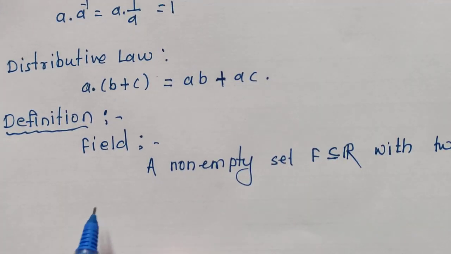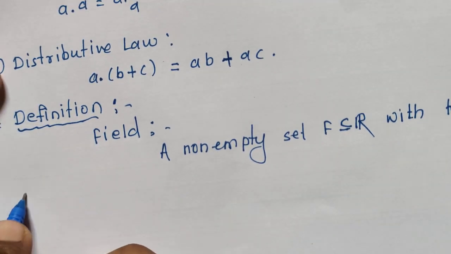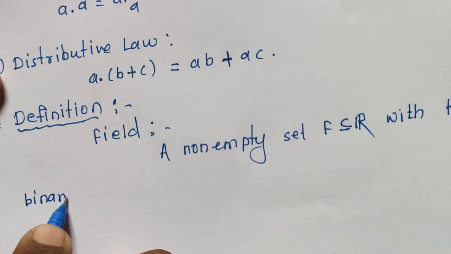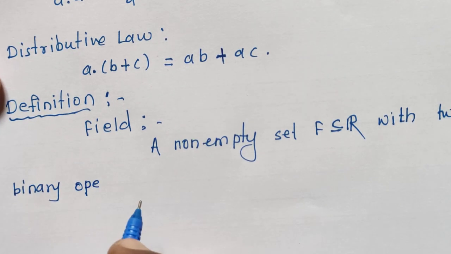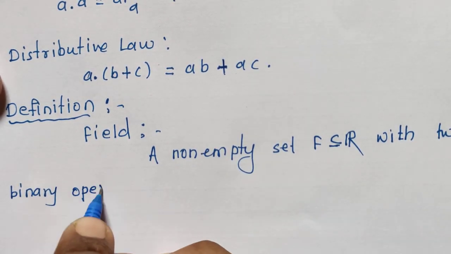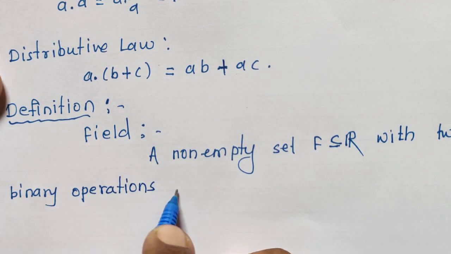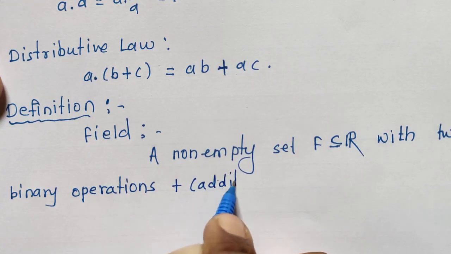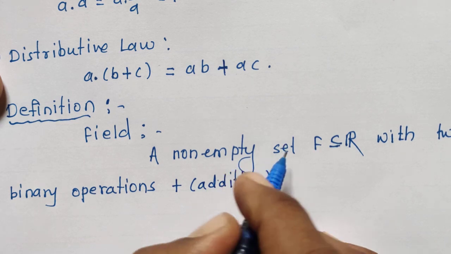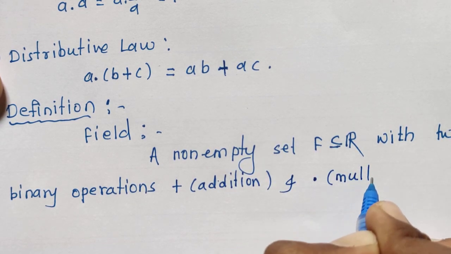So any non-empty set F with two binary operations, that is addition and multiplication. First one is addition, and the second one is multiplication.